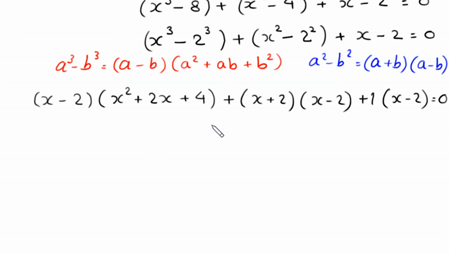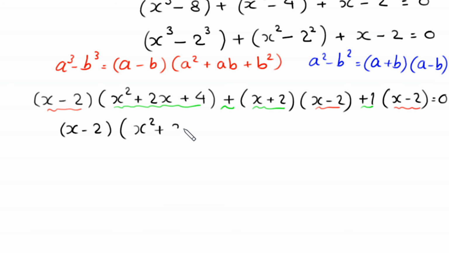Now as you can see, this x minus 2 is common, so we factor out this x minus 2, and in bracket left this x squared plus 2x plus 4 plus x plus 2 plus 1. In bracket left, x squared plus 2 times x plus 4 plus x plus 2 plus 1 is equal to 0.